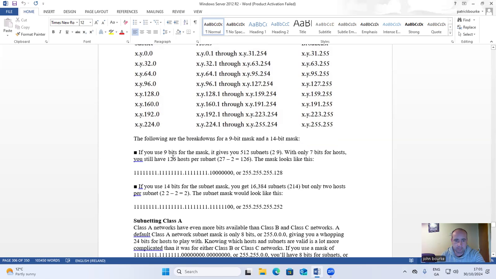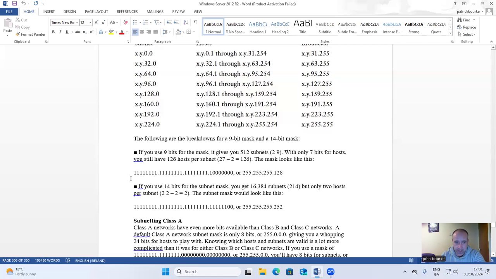If you use 9 bits for the mask, it gives you 512 subnets (2^9) with only 7 bits for hosts. You still have 126 hosts per subnet: 2^7 minus 2 equals 126.